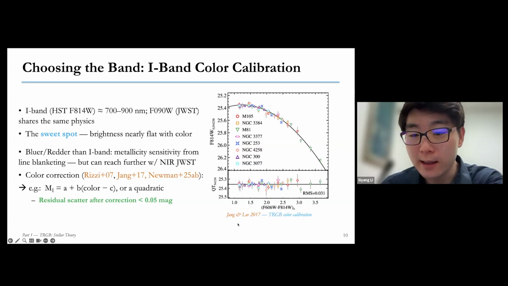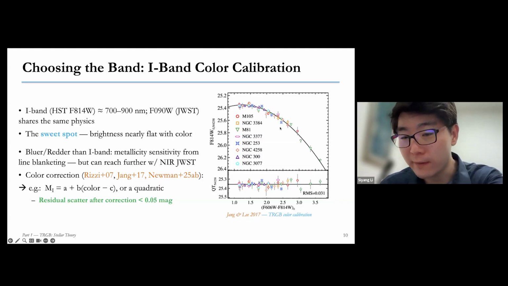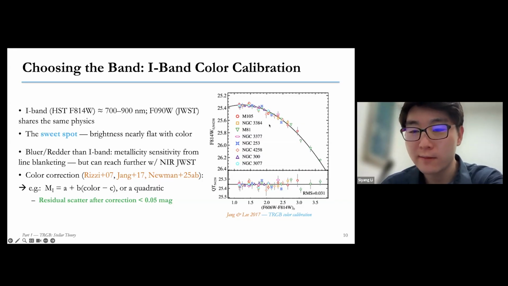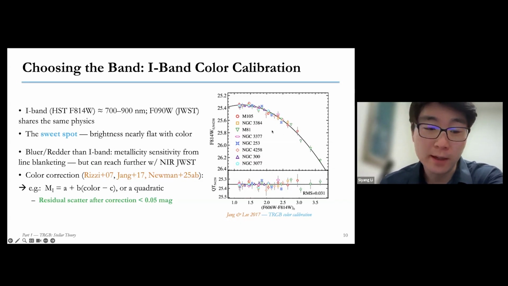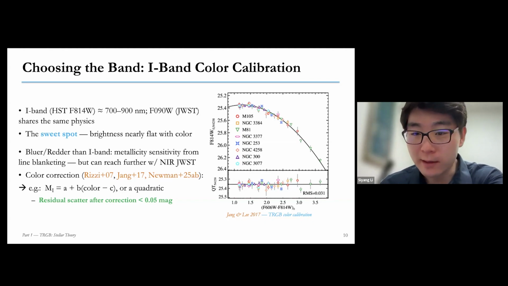You can see that on the x-axis is the color. So to the right, we go redder, to the left, we go bluer. Y-axis is just the TRGB magnitude. And as you go to redder wavelengths, or in redder colors for these stars, the TRGB does start to drop off and become fainter.